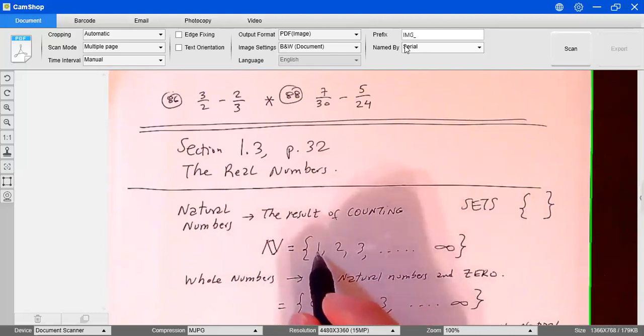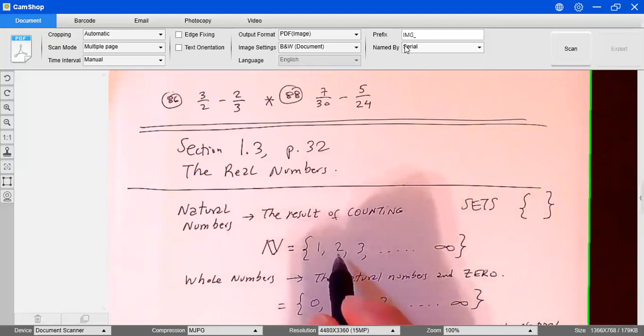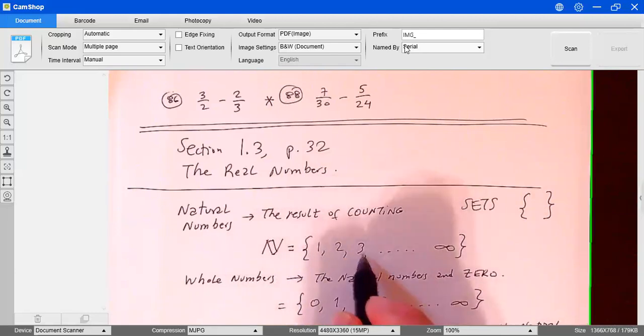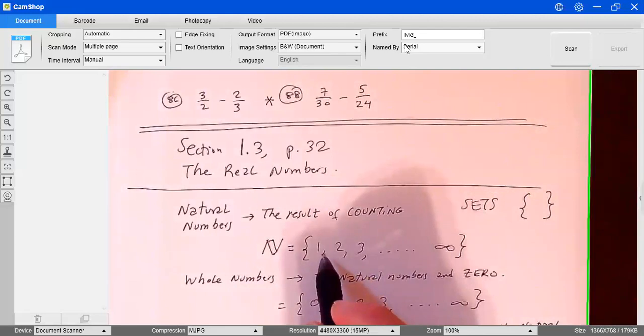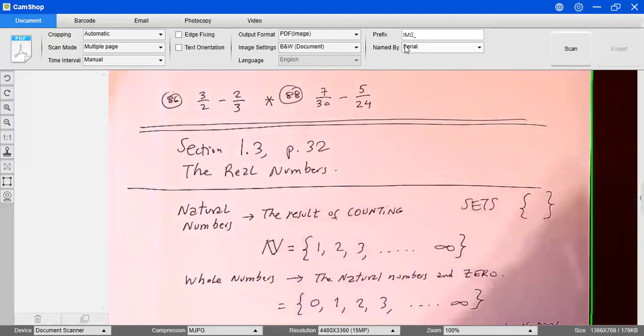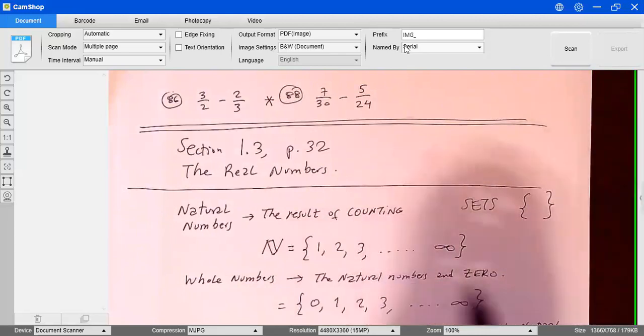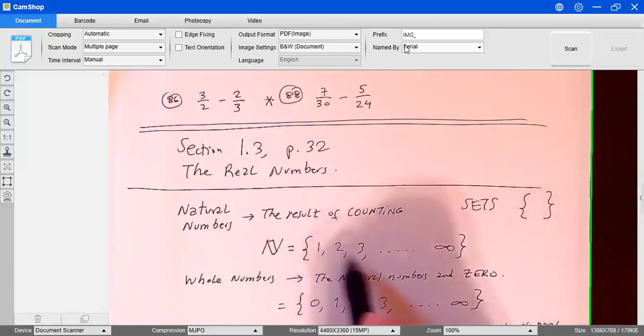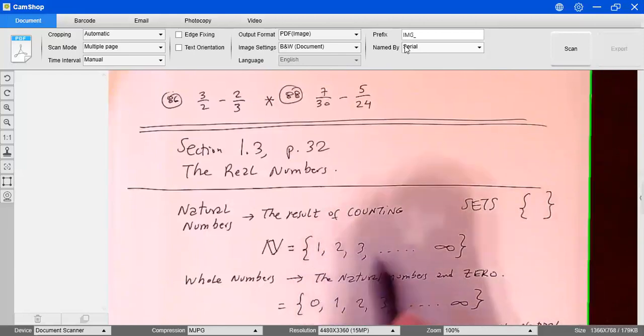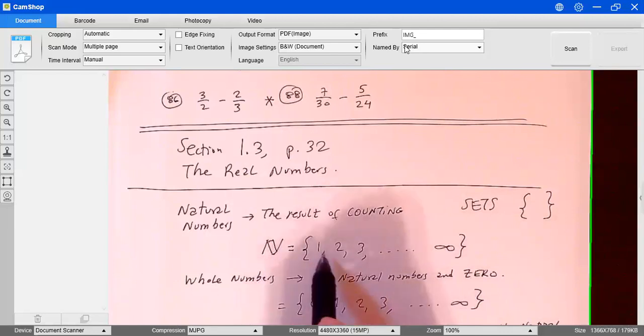So the first element is just 1, then the next element is 2, then 3, and so on up to infinity. These numbers were used for the first time by human beings in ancient times to count things. This is the first set that ever existed in math, the set of natural numbers.